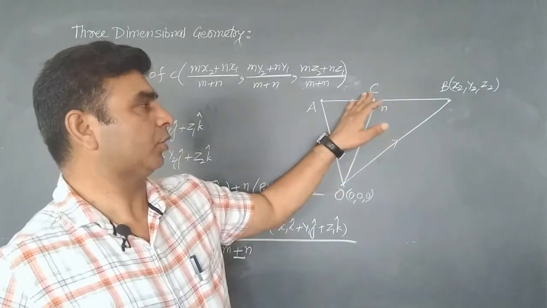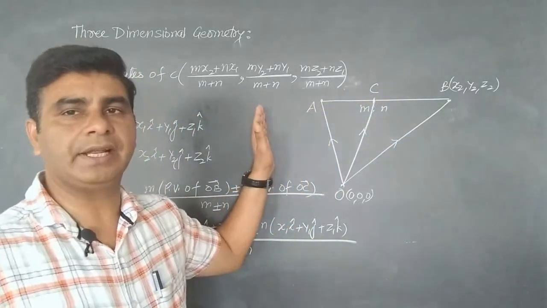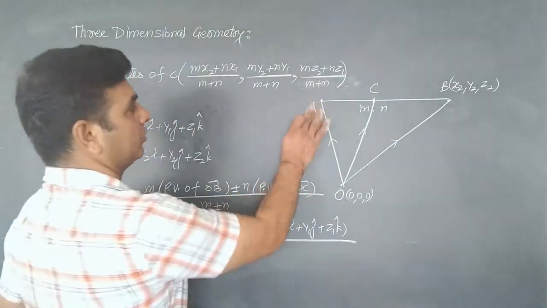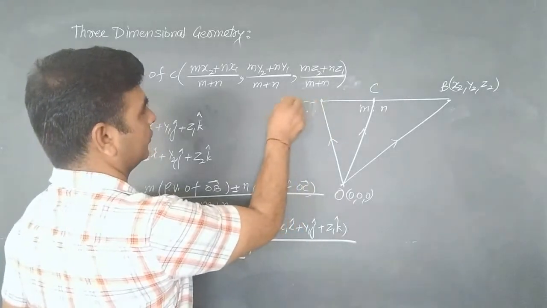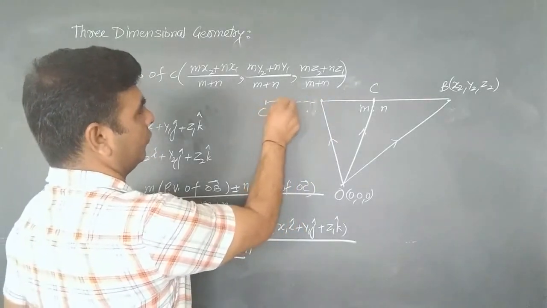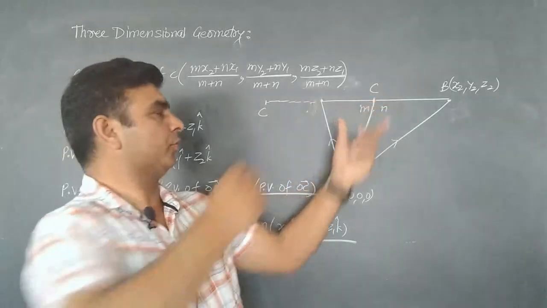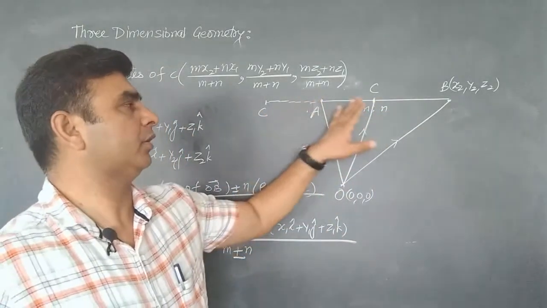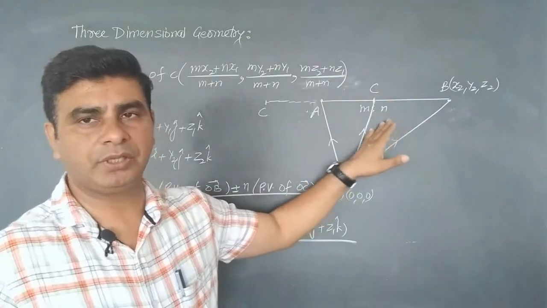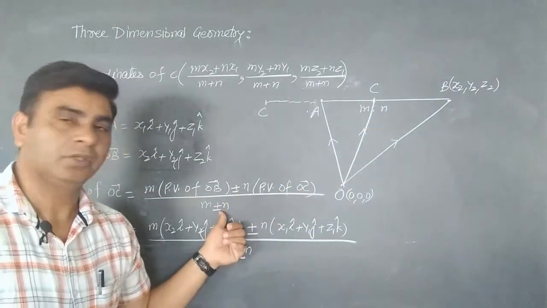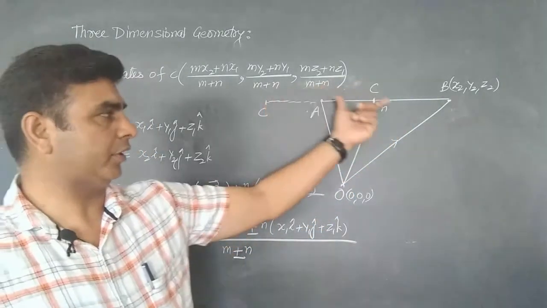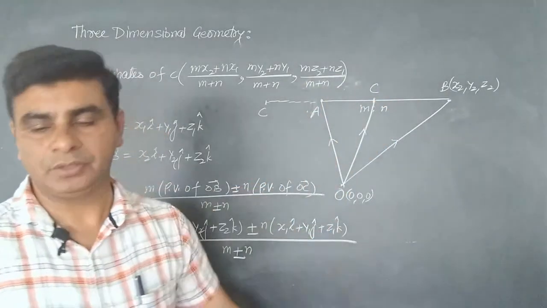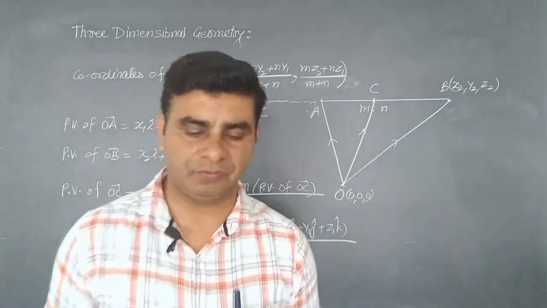Externally means the point which is outside the line segment AB anywhere. So it is something like this, if this point is C, which is external to the line segment AB, and it is dividing the line segment in some ratio m is to n, then you have to take the negative sign, and if it is internal, then you have to take the positive sign. So this is all about the exercise 11.1 from your NCERT book.